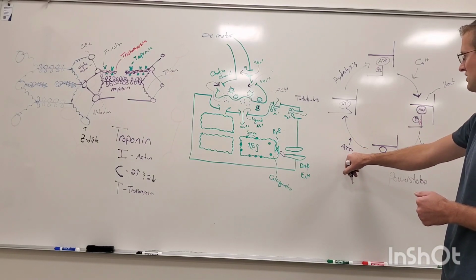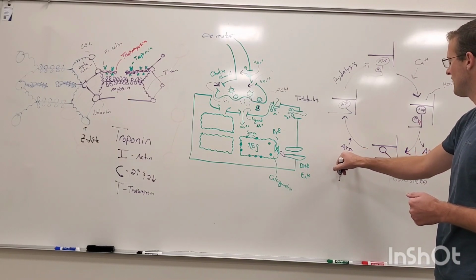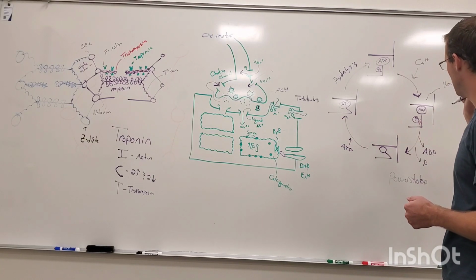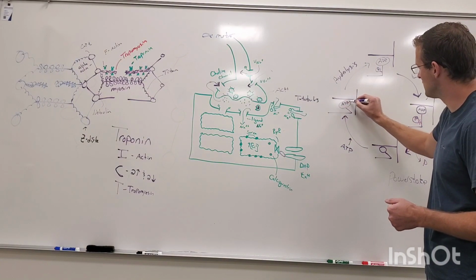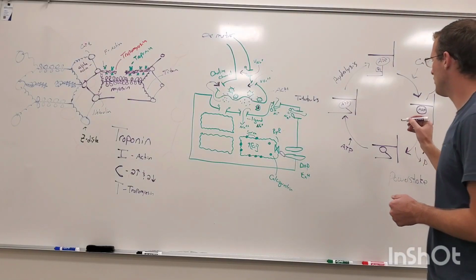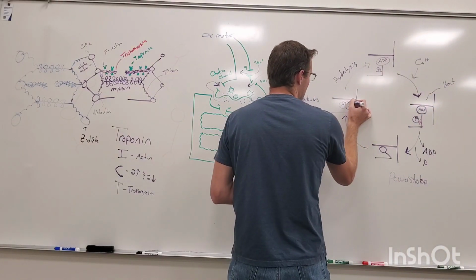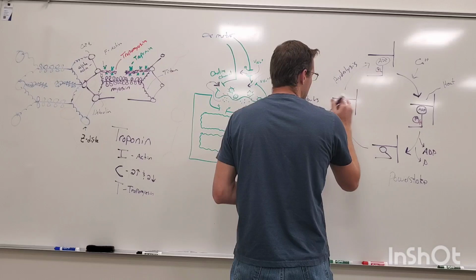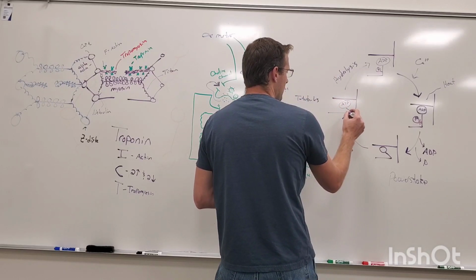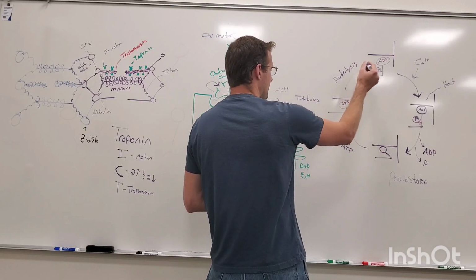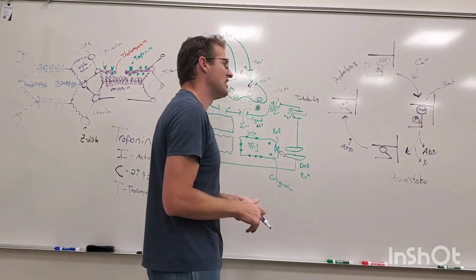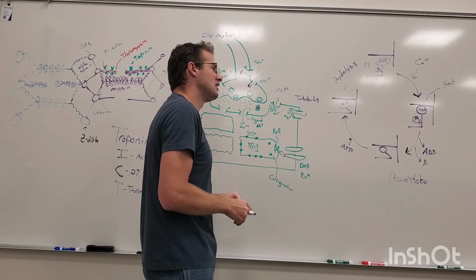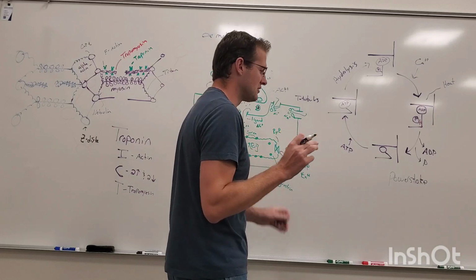We have to add ATP, and that is going to give us energy to pull the myosin head off of the actin. And then through a process called hydrolysis, the ATP is going to be broken down into ADP and phosphate, and we have our cycle, and it starts all over again.